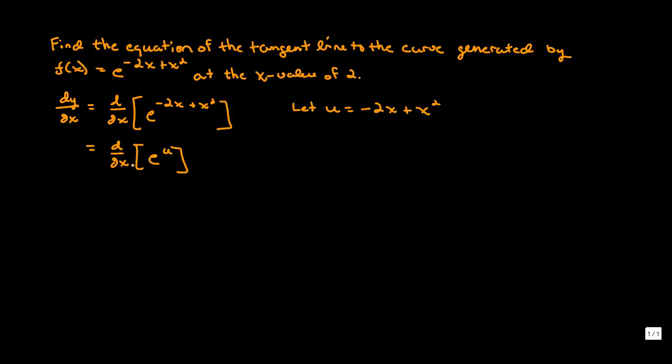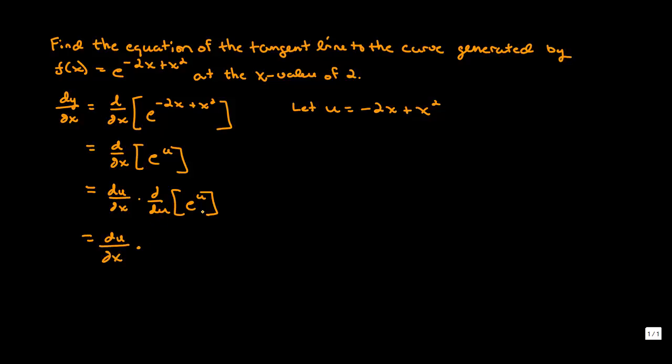Now, we can't differentiate with respect to x of a function of u. So what I need to do is apply the following. Now this guy I can do. So du dx, we'll get that guy in a second.